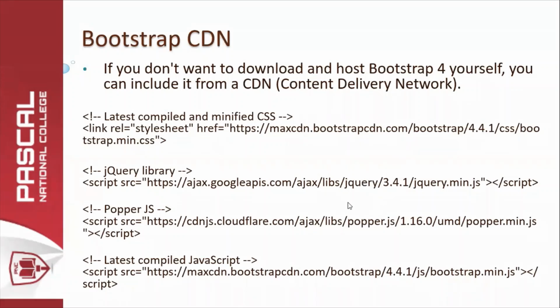From the CDN, we are using version 3.4.1, and this is the minified JS. The previous one was the minified CSS. Similarly, for Popper JS, we are using the CDN from Cloudflare, version 1.16.0, and this is popper.min.js.